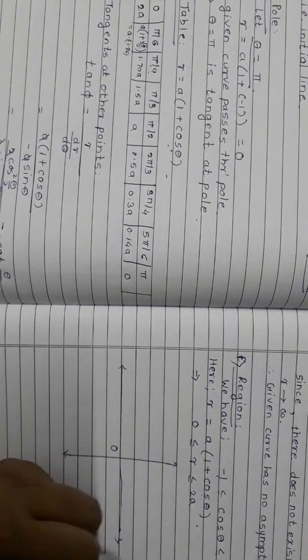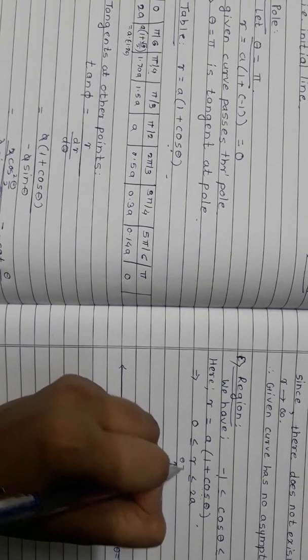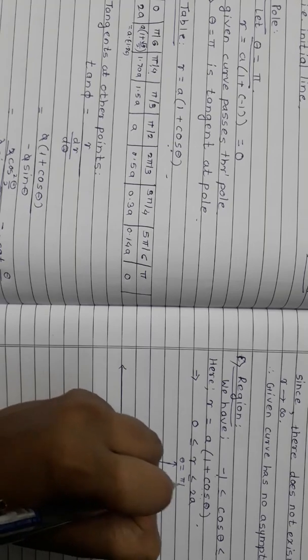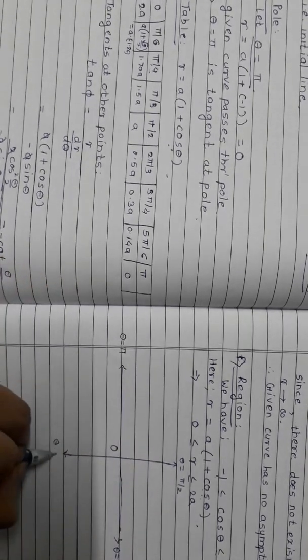This is the pole, this is theta is equal to 0 degree, then this line is theta is equal to pi by 2, then theta is equal to pi, and theta is equal to 3 pi by 2.